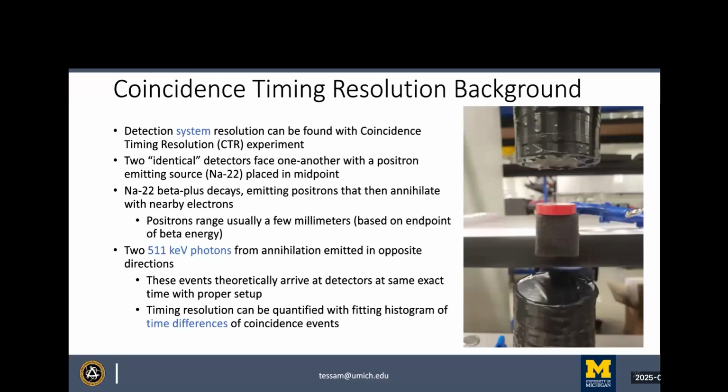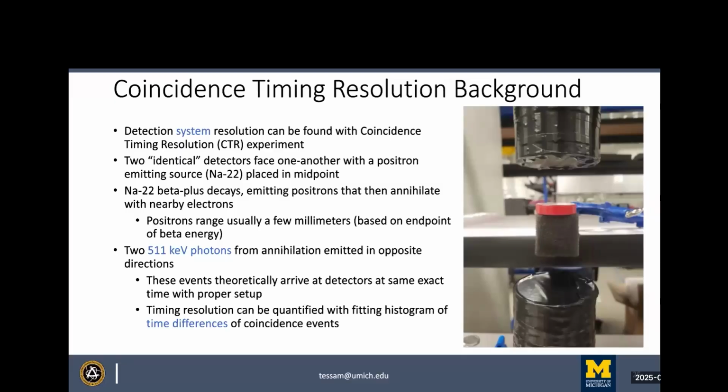This has a beta plus or positron decay, so it will emit two annihilation photons going in exactly opposite directions. And if the two identical detectors are the same distance apart, then it should take exactly the same time for the photons to arrive. So we can use the difference in the measured pulse times to determine the time offset of the two scintillators relative to one another.